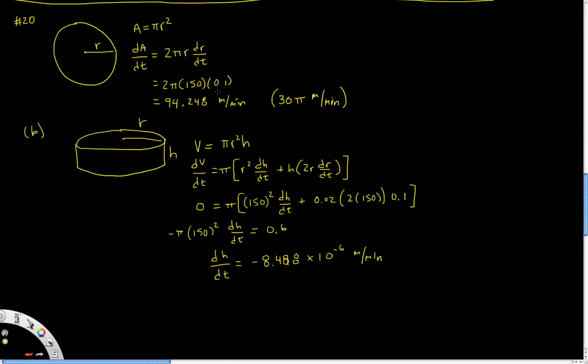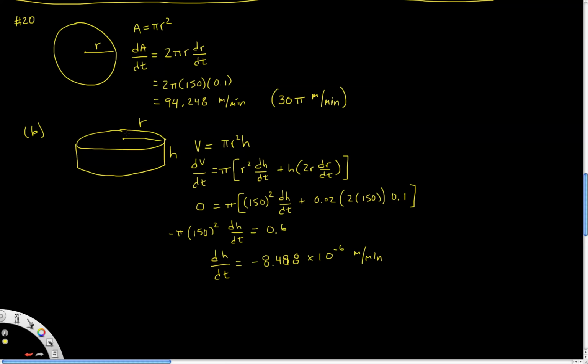And when I do that arithmetic, I get 94.248 meters per minute, or if I kept it in terms of pi, that's just 30 pi meters per minute. And that's how fast the area of the oil slick is changing with respect to time when the radius is 150 meters.